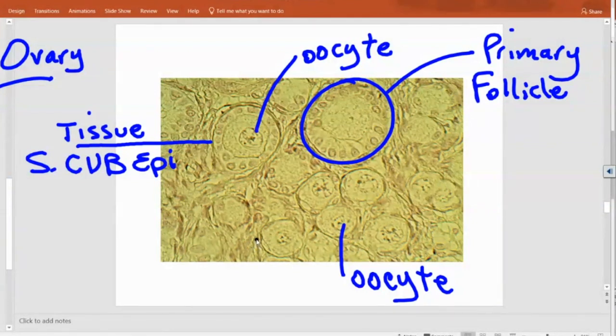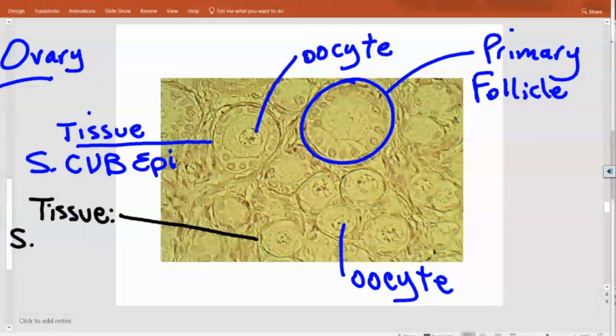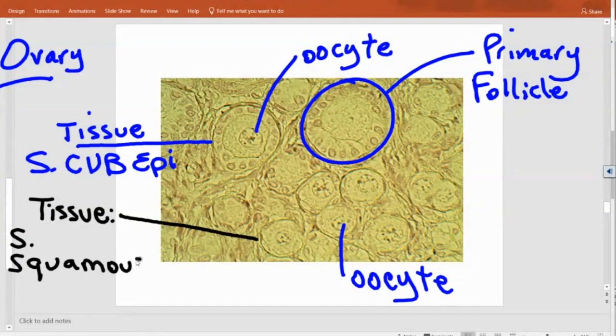So be very careful to point right there. And I'll go. Okay, what tissue are we seeing right at the tip of that pointer? Simple squamous. Because it's thin and it's flat. Right here, thin and flat. I'll write simple for that one. Simple squamous epithelium.